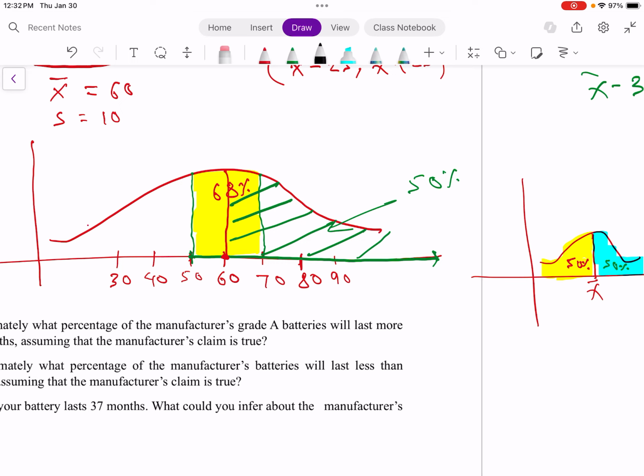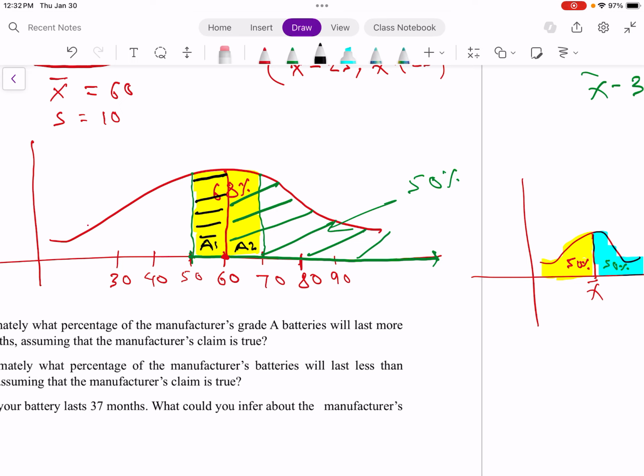So what do you think of this region? Let me call this region A1 and this region A2. Are these two related, A1 and A2? We know the graph is symmetric. Now, if that is the case, 50 and 70 are at the same distance from 60, right? How are A1 and A2 related to each other?